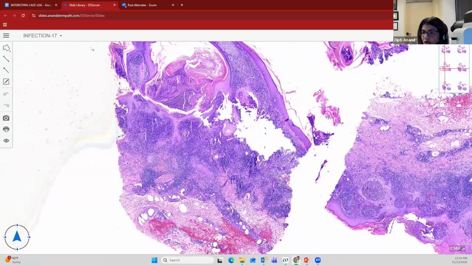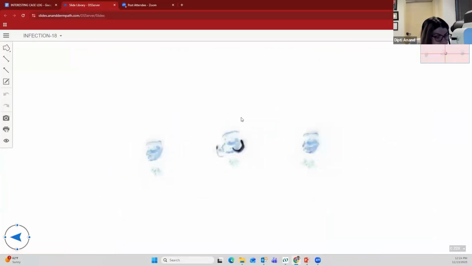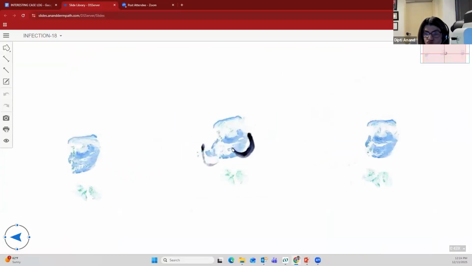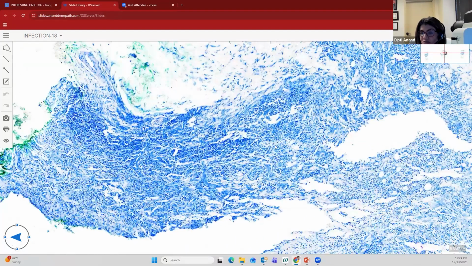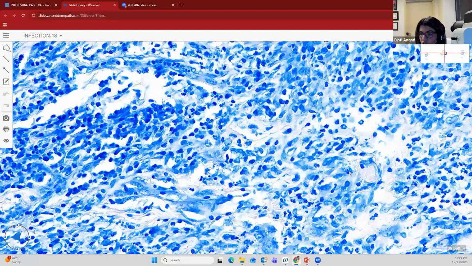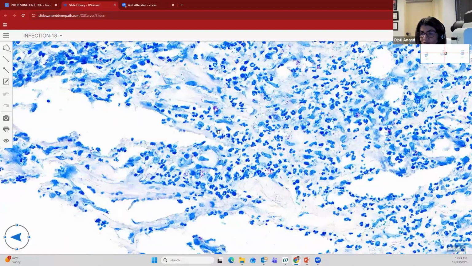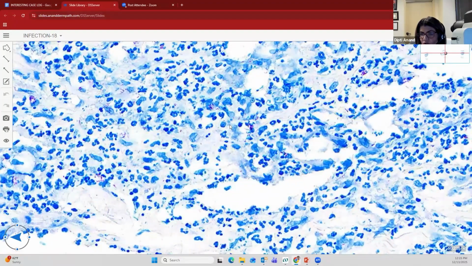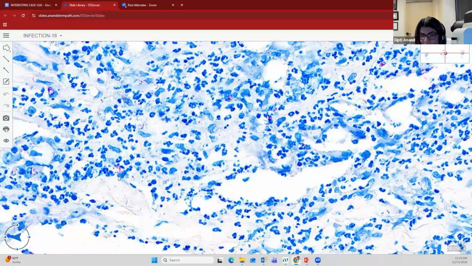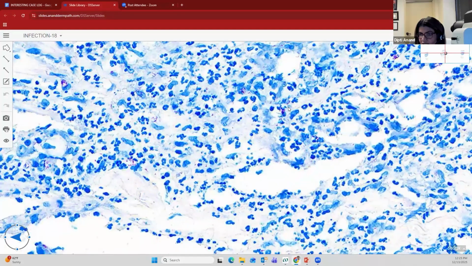Okay, let me show you the Fite stain. This is a Fite stain. And this is extremely painful. It's my least favorite thing to do. You have to be very patient. You have to analyze multiple tissue levels to be able to detect some of the organisms. You can see here these pink staining structures in the background, these are your mycobacterial organisms.